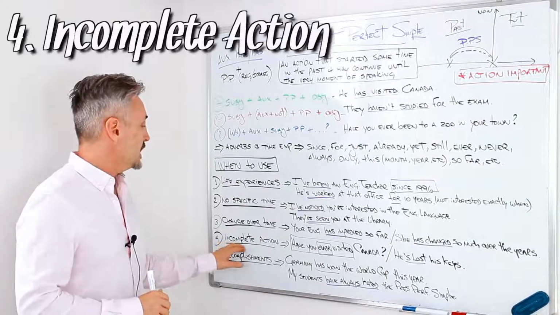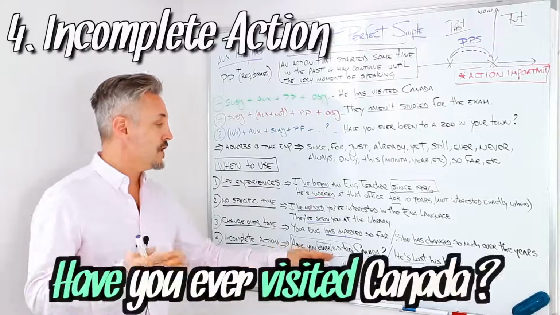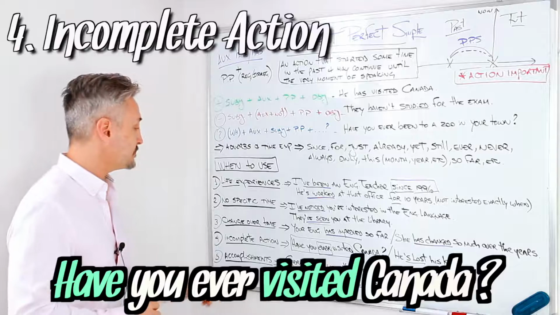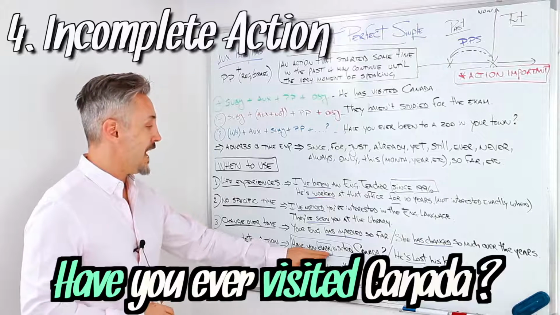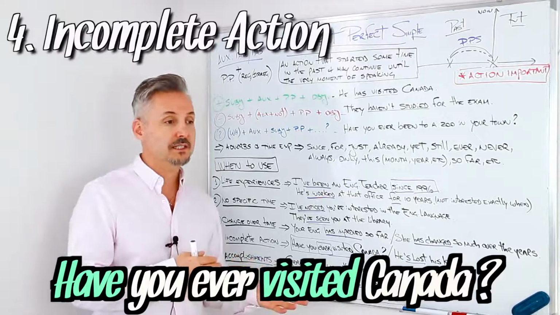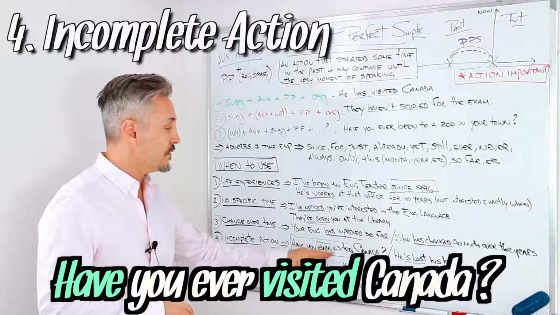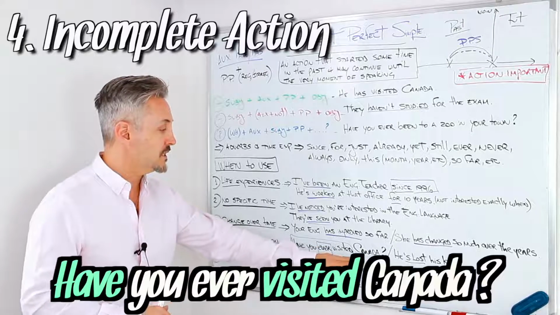The fourth one is for incomplete actions. For example, have you ever visited Canada? We normally use the adverb ever when you want to ask if somebody did something or not. What is important here? If you visited or not.